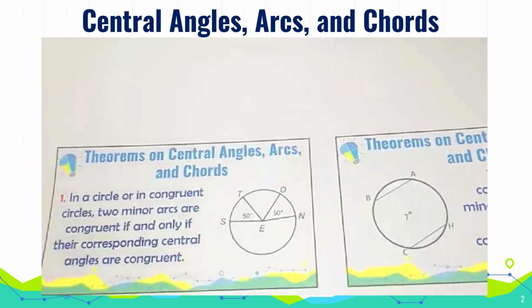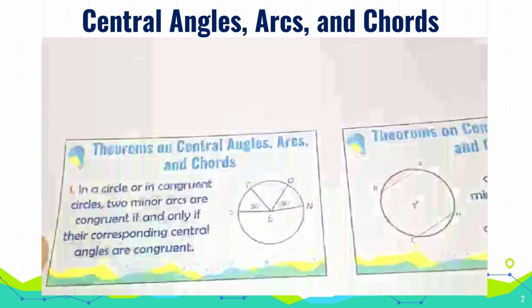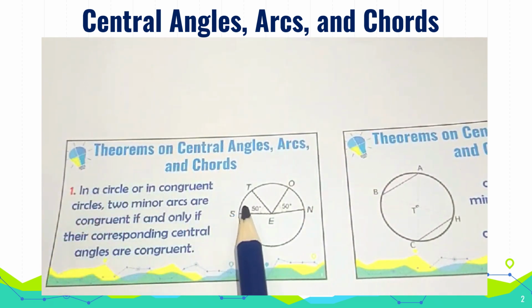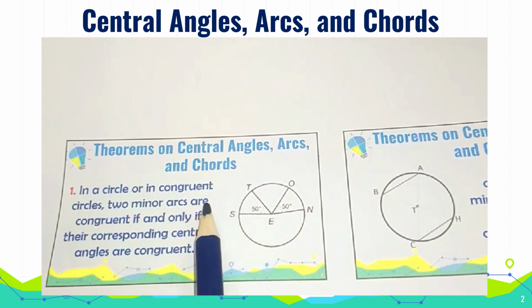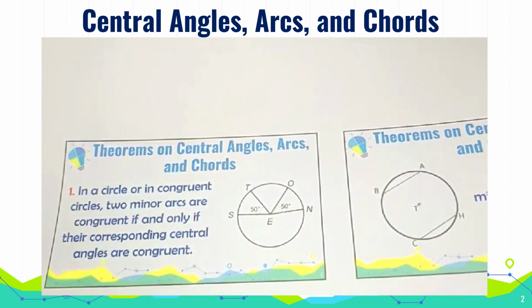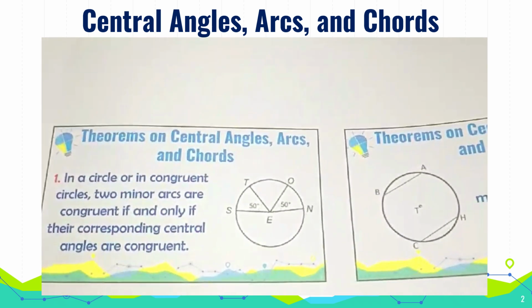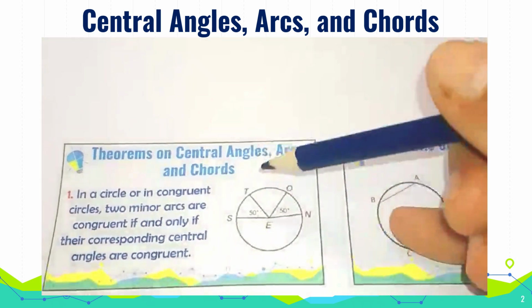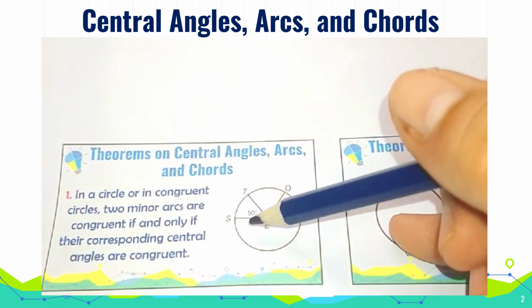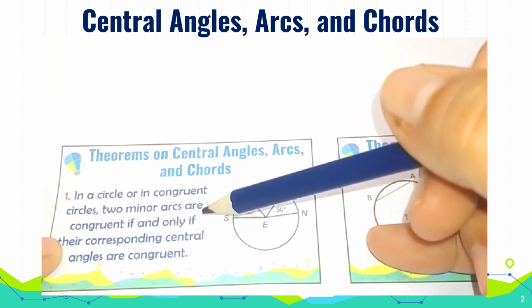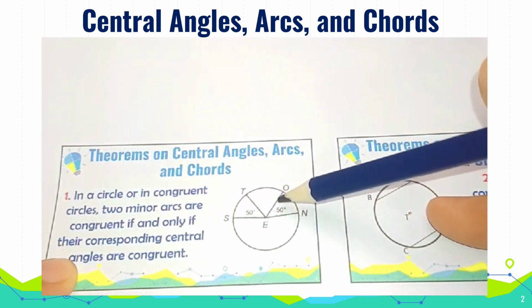Now let's go with some theorems on central angles, arcs, and chords. In a circle or in congruent circles, two minor arcs, which are arcs with a measurement of less than 180 degrees, are congruent if and only if their corresponding central angles are congruent.